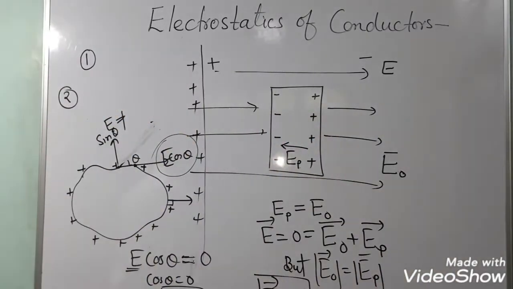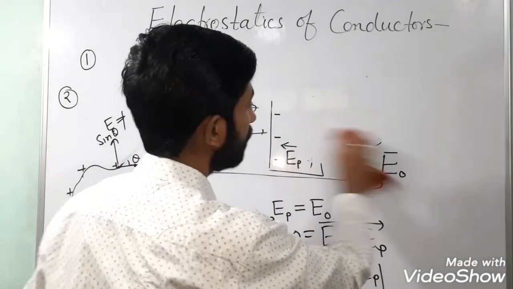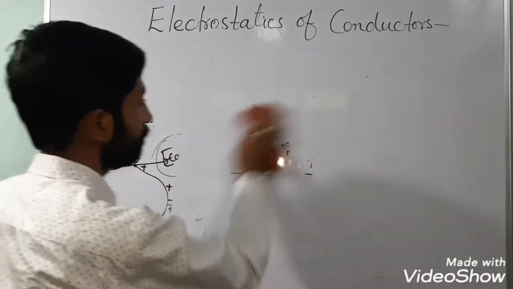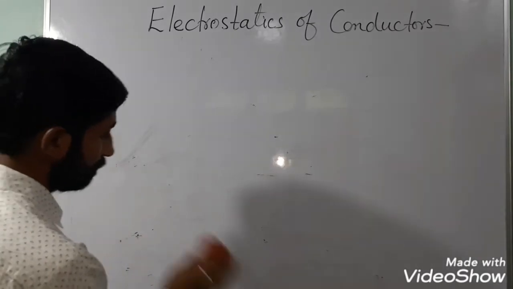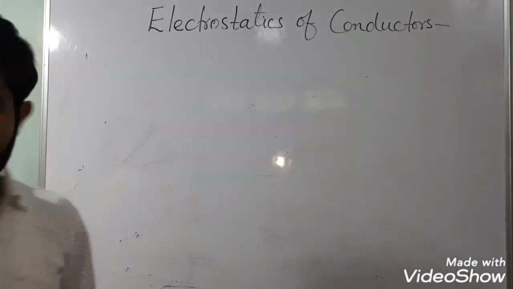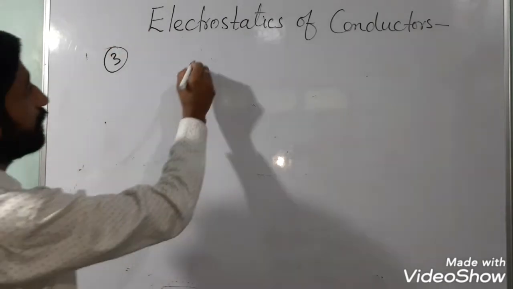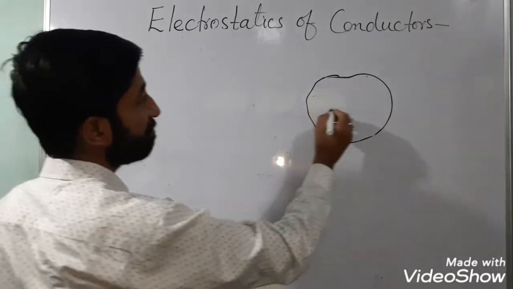The next property is about the inside of any conductor. Inside any conductor, the potential is always constant. Okay, the potential is always constant. This can be proved very simply. Suppose this is any conductor.